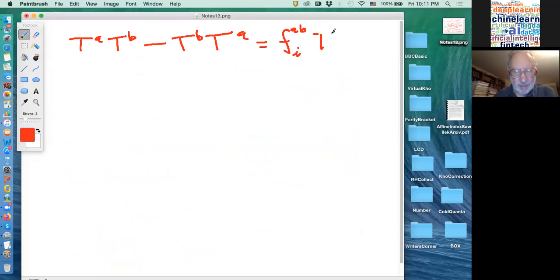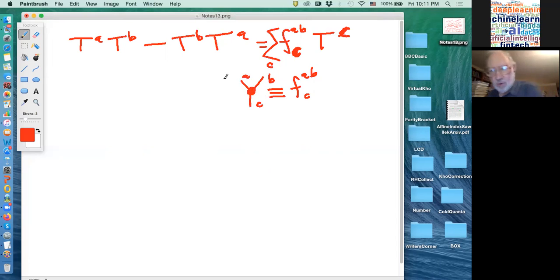F_I T_I, summed on I. Oh, C. Let's use a C. Okay. If I want to diagram it, then I need some notation. Let me use this: A, B, C to mean F upper AB lower C. Okay? You can't worry about that too much. It's not any more a rigid vertex. It is the structure constant.